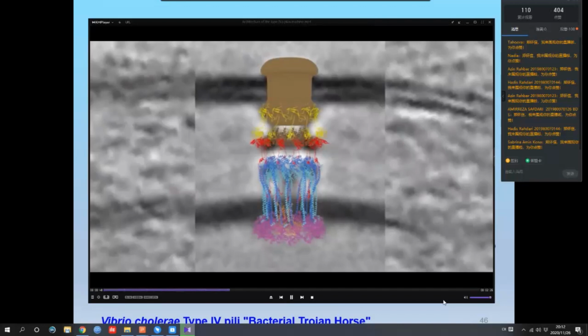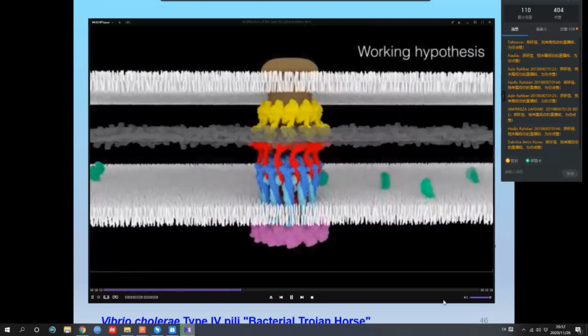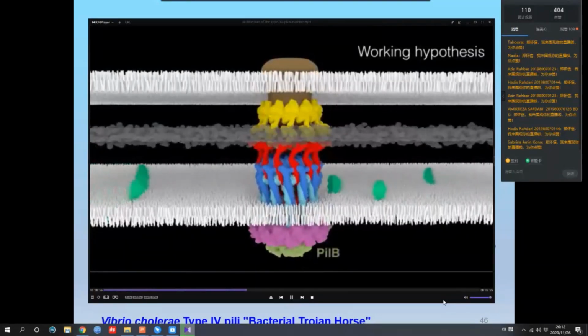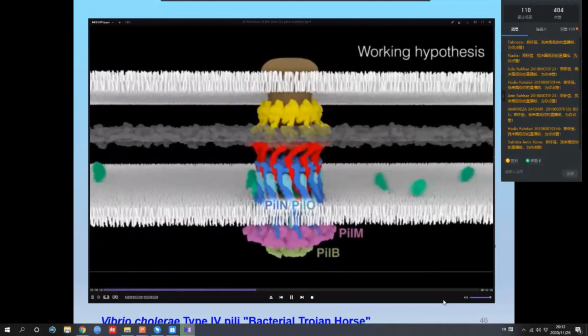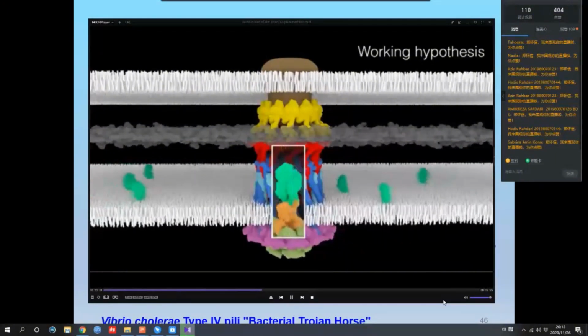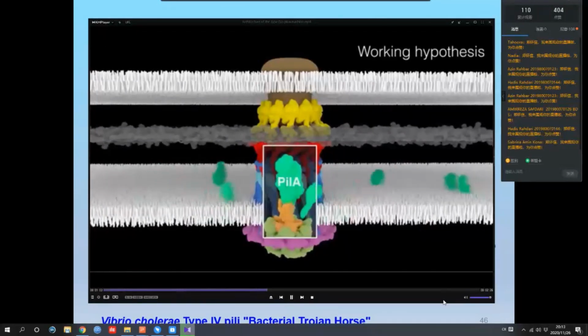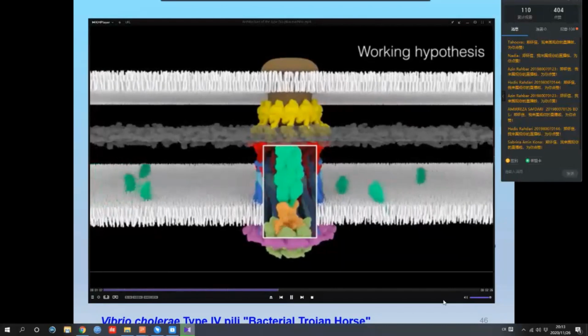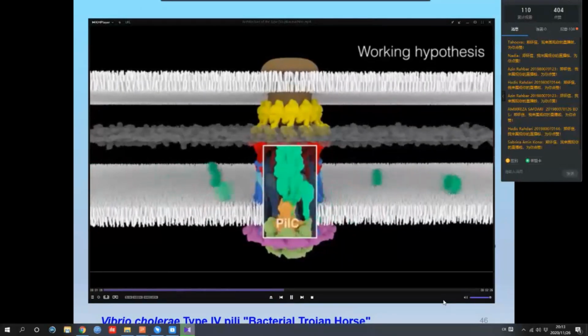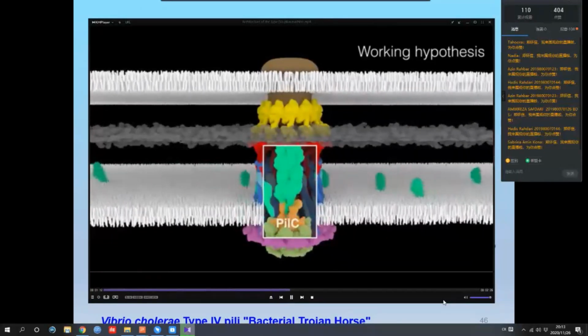Our current working hypothesis is that in the cytoplasm, the AAA ATPase PilB binds to the base of the machine. Conformational changes in the PilM ring likely propagate to the PilN, PilO cage, allowing PilA subunits to enter the assembly chamber. Hydrolysis of ATP drives cyclical conformational changes, which have been proposed to rotate a screw-like protein called PilC.